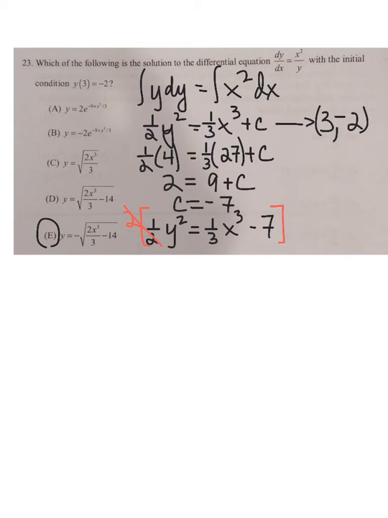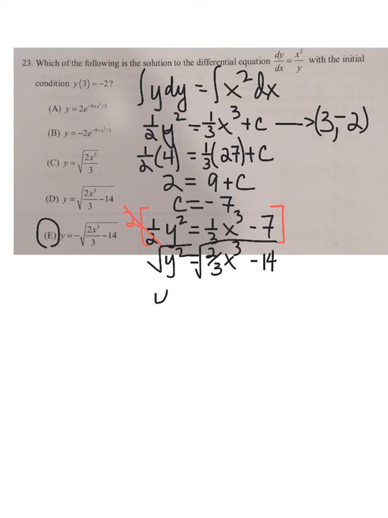When I do that, I get y squared equals 2/3 x cubed minus 14, and then I'm going to square root.